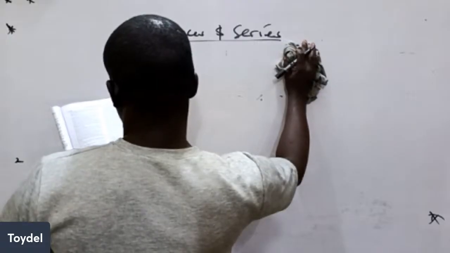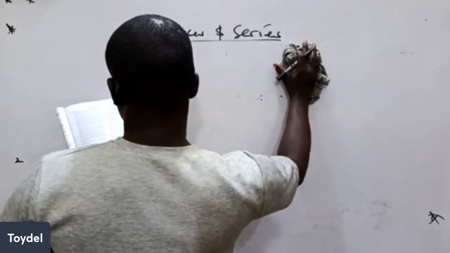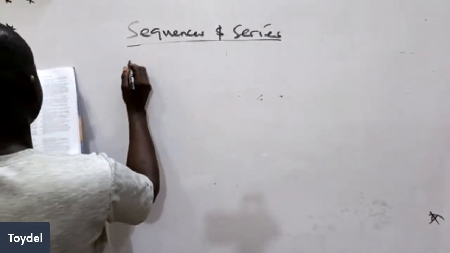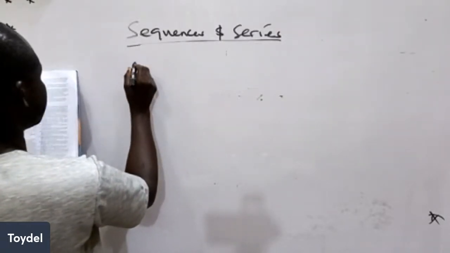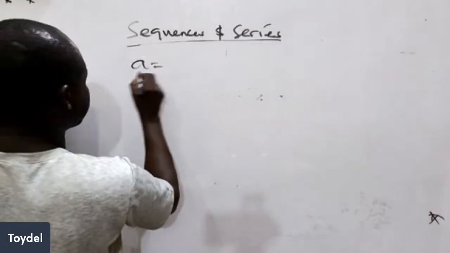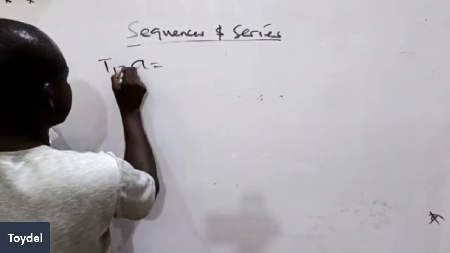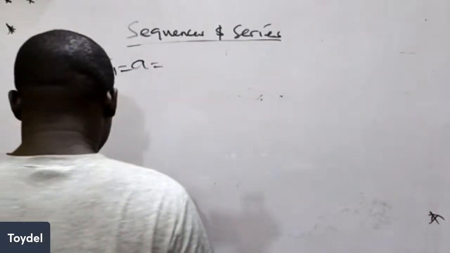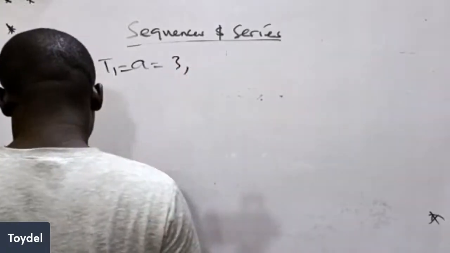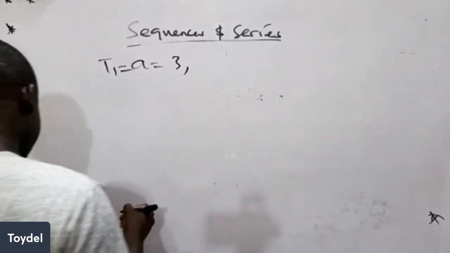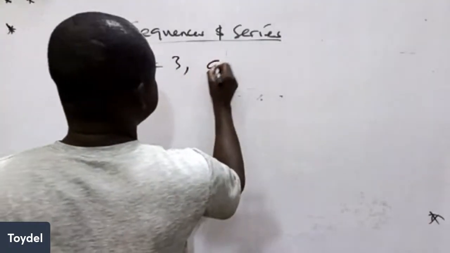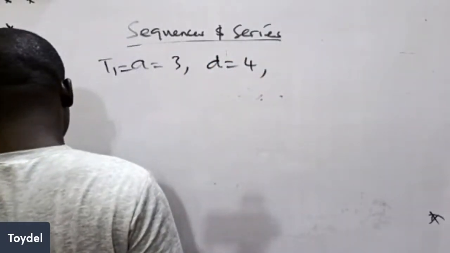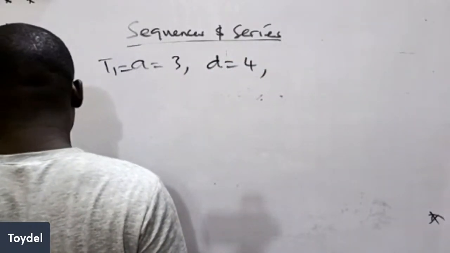This question is 2002, question 7, theory 4. The first term is denoted as A, so A is 3, and the common difference D is 4. You write down what you are given.